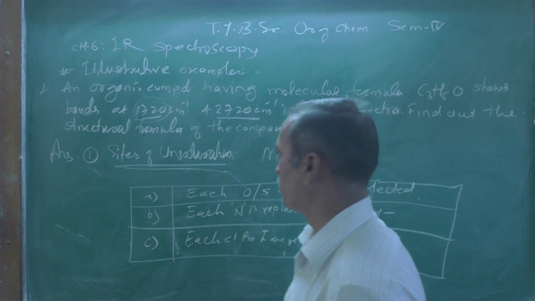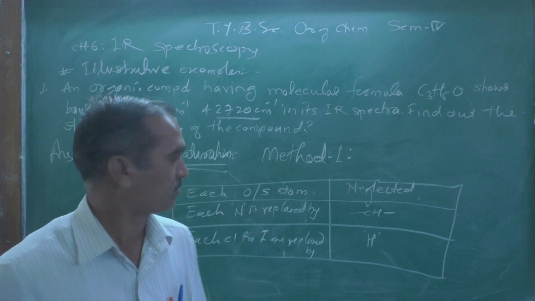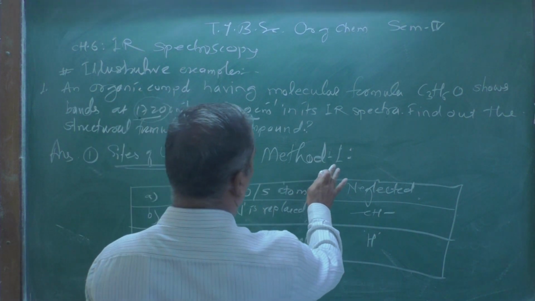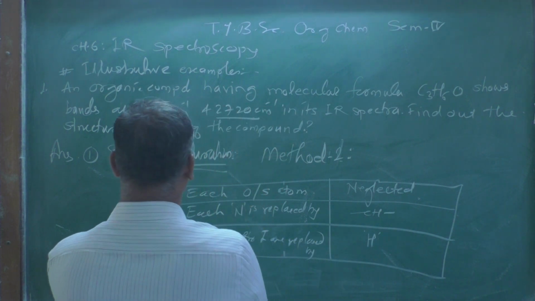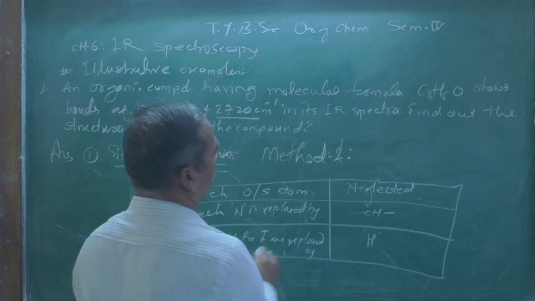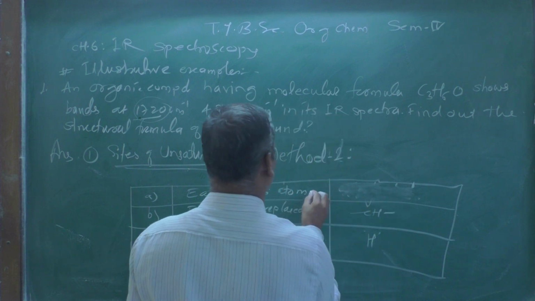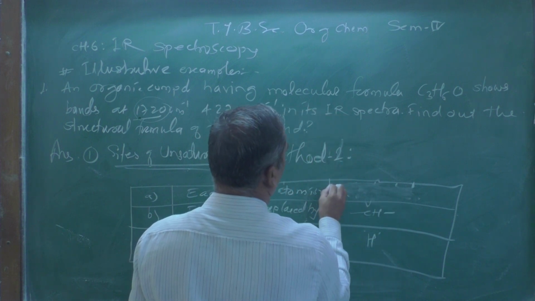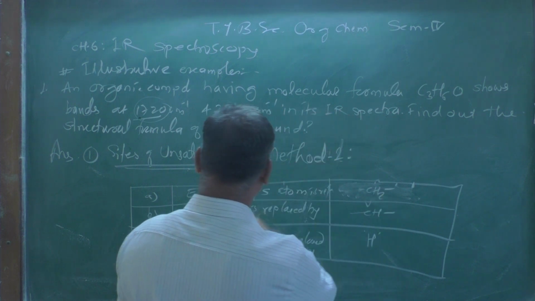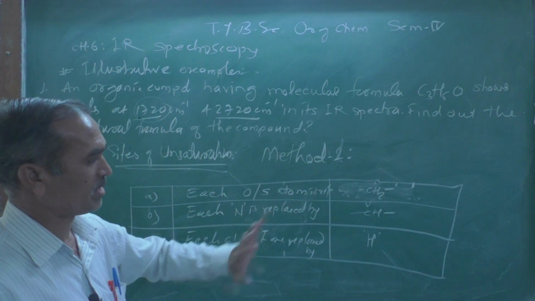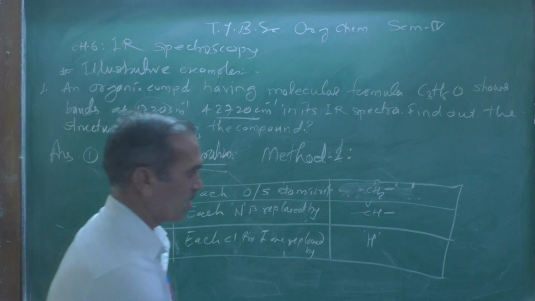In the second method, method number 2, only remember: each oxygen or sulfur atom is replaced by CH2, that is the change, and each nitrogen atom is replaced by CH, and each chlorine, bromine, iodine is replaced by a hydrogen atom.